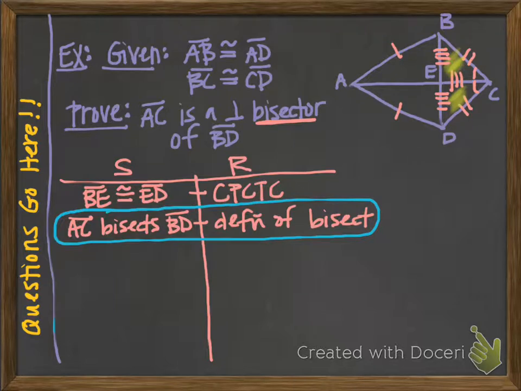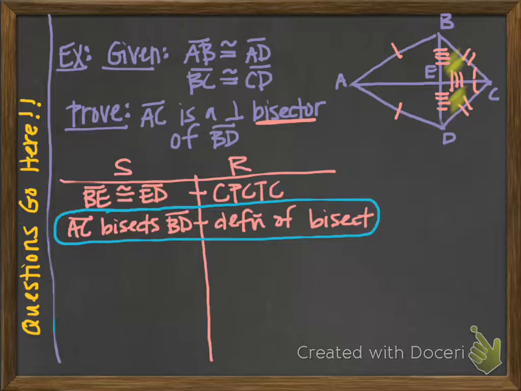We still have to say that AC is perpendicular to BD. In order for us to say that, we need to state that we've got a right angle at that intersection right where E is. We can state that by our new theorem, which says if two angles are both supplementary and congruent, then they're right angles.